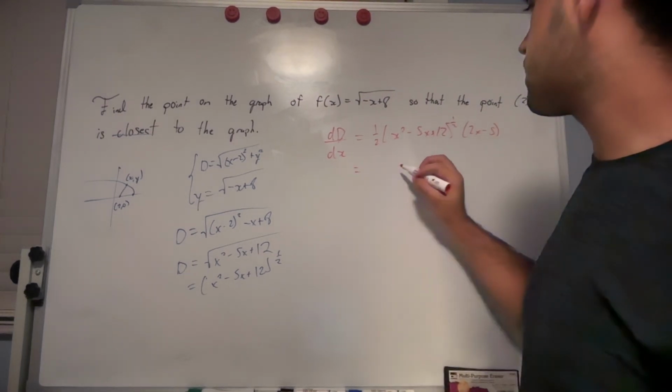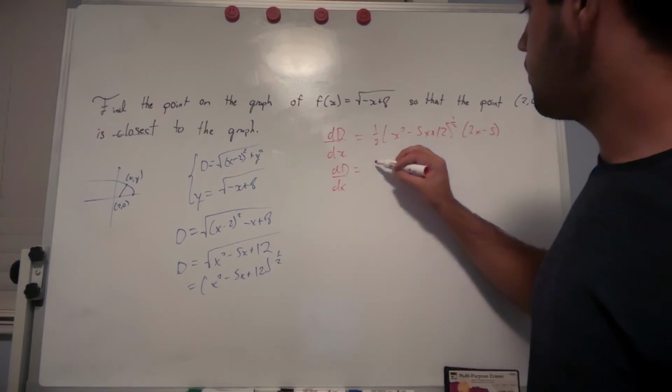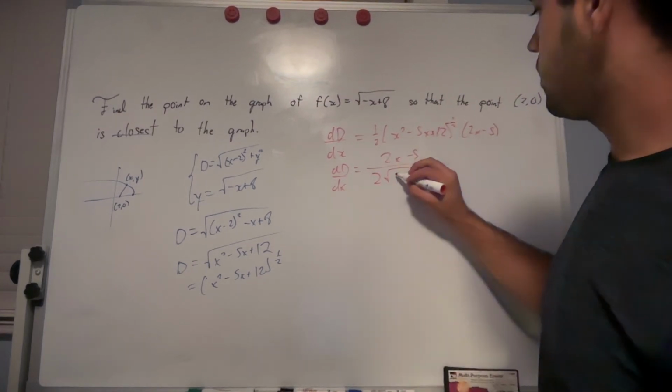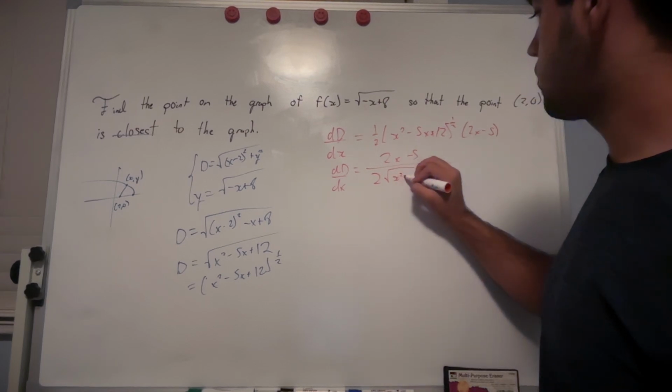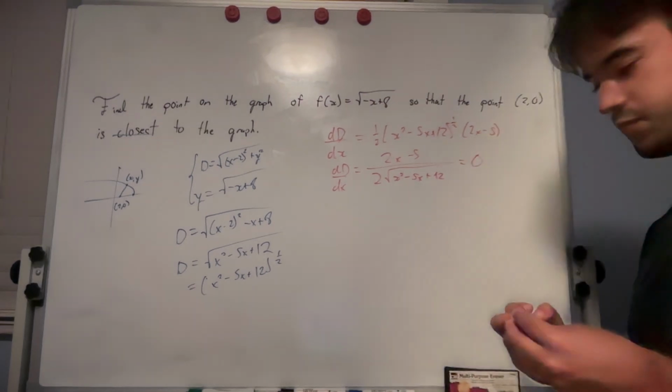And we can rewrite this in radical form. So 2x minus 5 over 2 times the square root of x squared minus 5x plus 12, which is equal to 0.